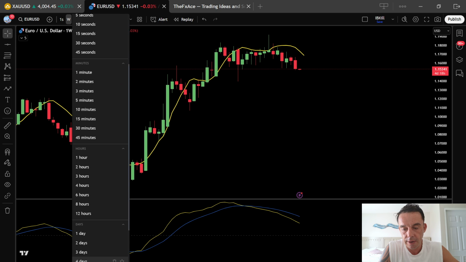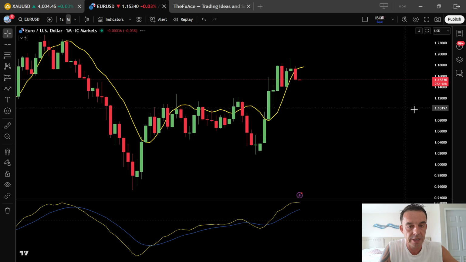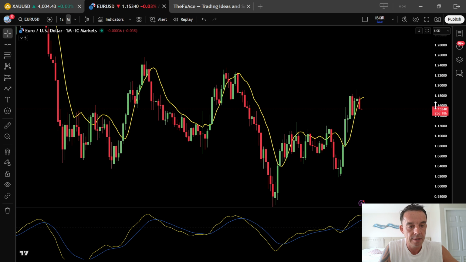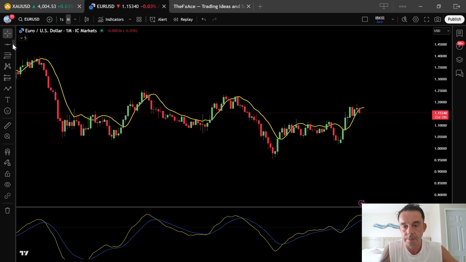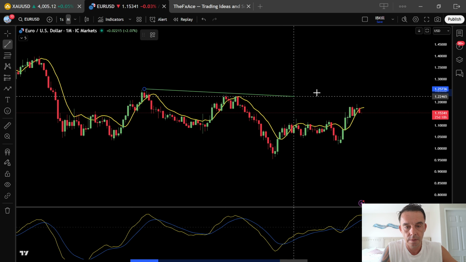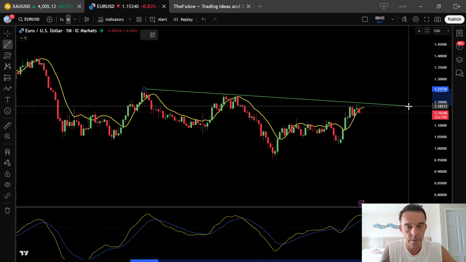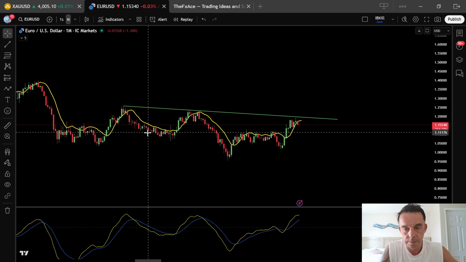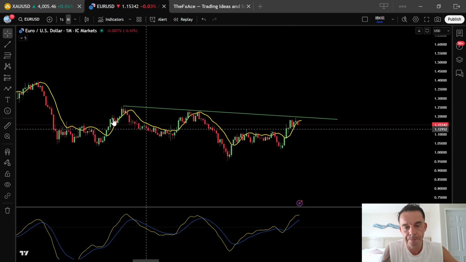Zooming out to the monthly chart first, especially for my swing trades, I like to see where we are in the higher time frames. Looking at the monthly, we're in sort of a downtrend here.